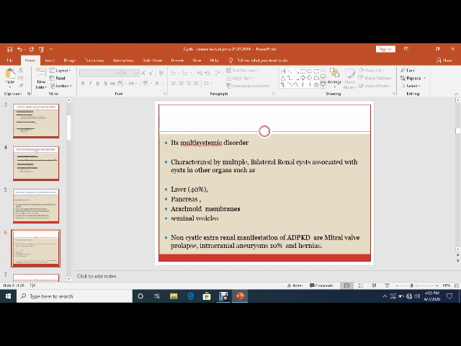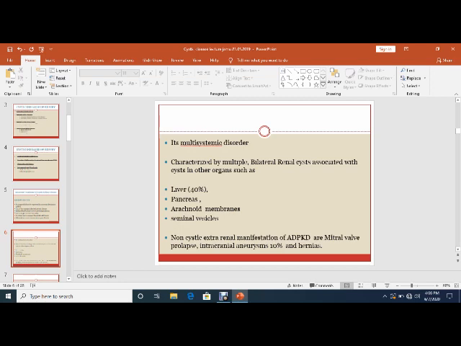Sometimes non-cystic or extrarenal manifestations of autosomal dominant polycystic kidney disease can occur. Cardiac manifestation, mitral valve prolapse, and in the CNS, berry aneurysm or intracranial aneurysm, 10%.